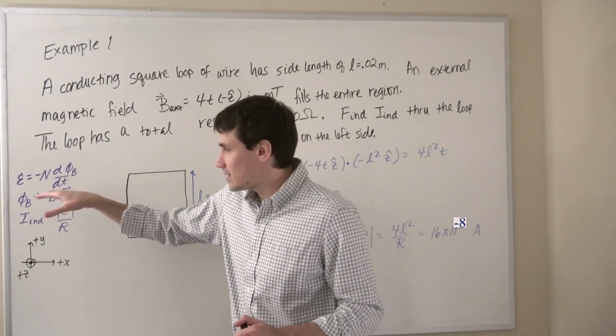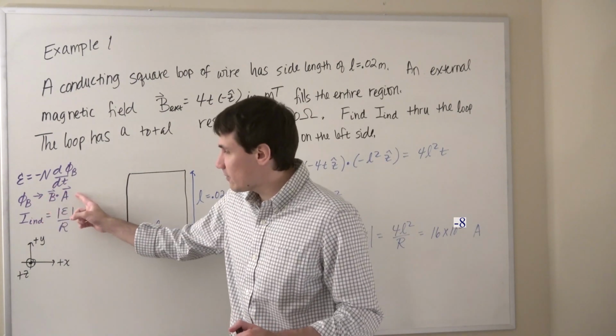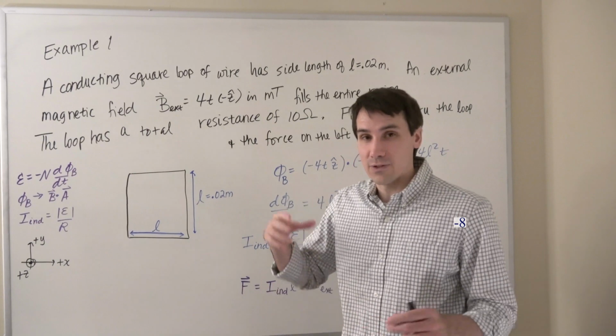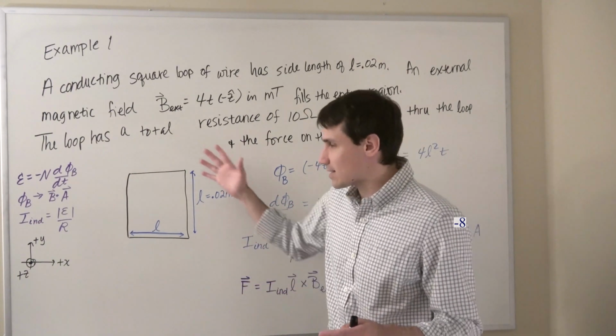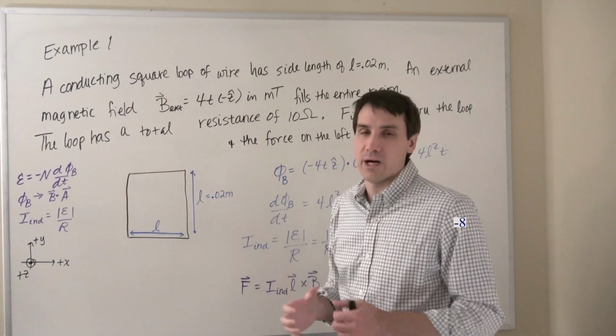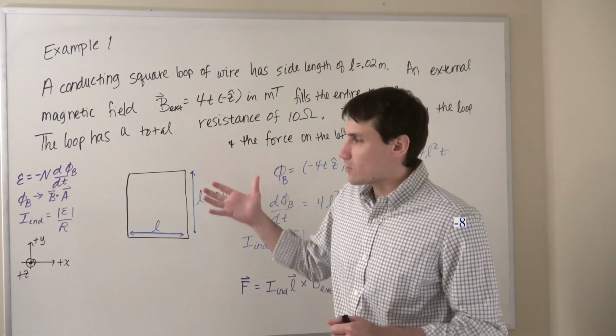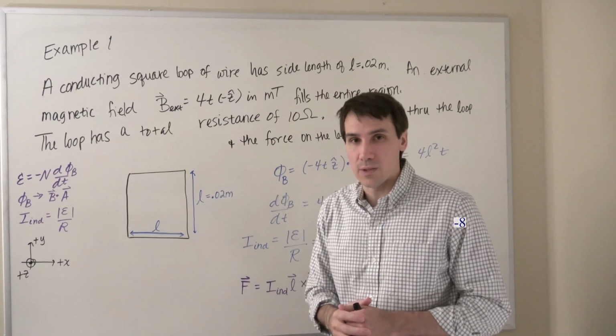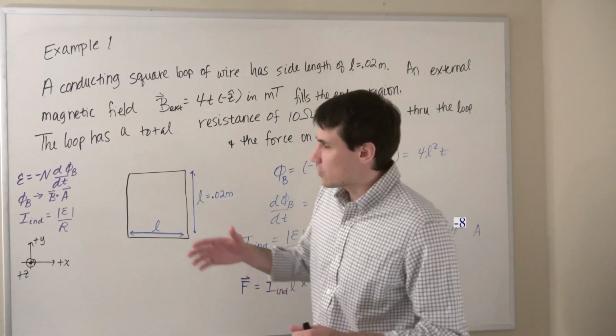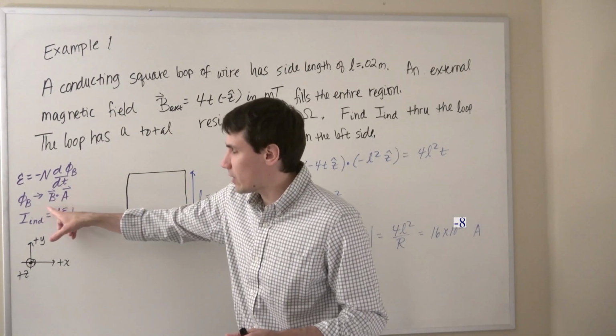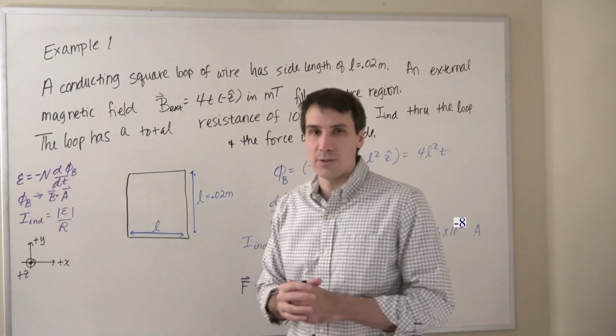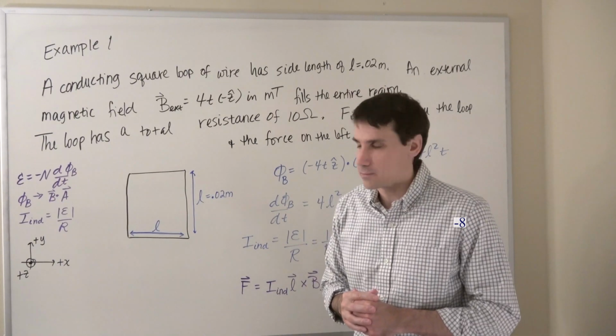Next, we have the definition of flux. This definition here works if our magnetic field is uniform, that is, it doesn't vary from spot to spot in space, which is going to be the case for all of the problems that we look at in this video. So in this case, the magnetic flux is simply equal to the magnetic field dotted with the area vector.